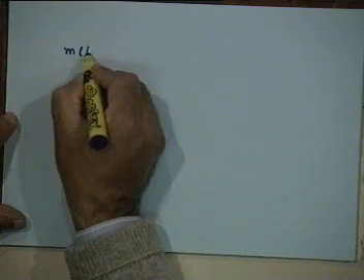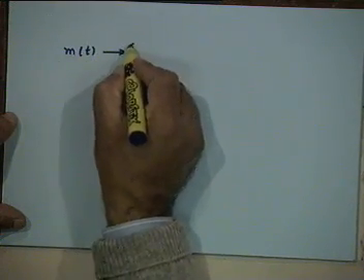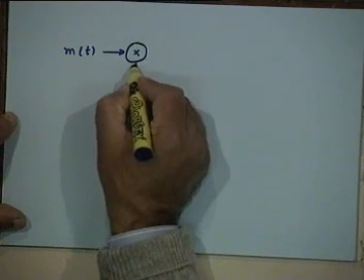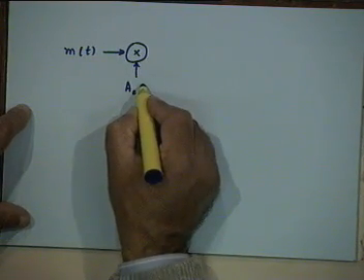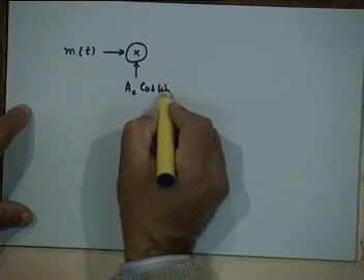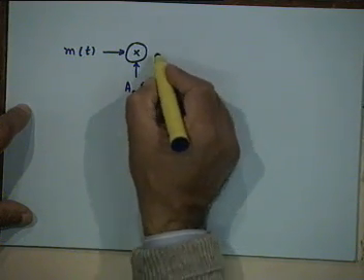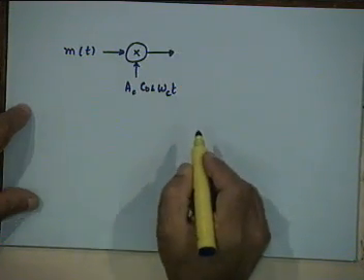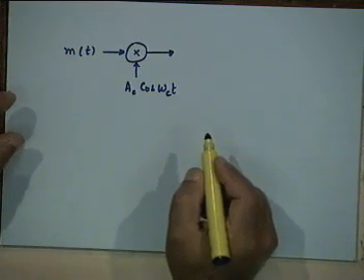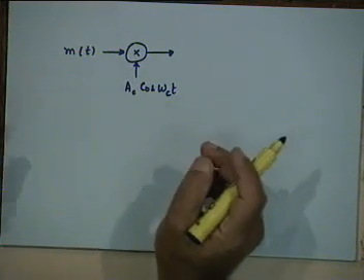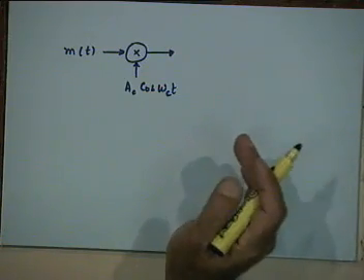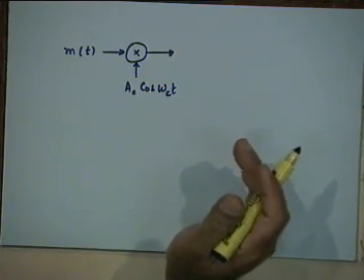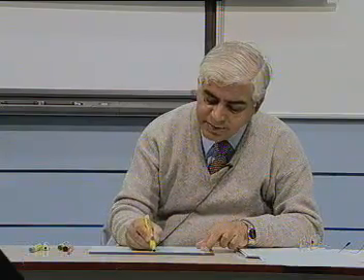You start with your message signal m(t), have a product modulator which multiplies with the carrier Ac cosine omega c t, right? And what should you do next? This will generate the double sideband signal. You want to remove one of the sidebands. You have to have some kind of a filter, a suitable sideband filter.